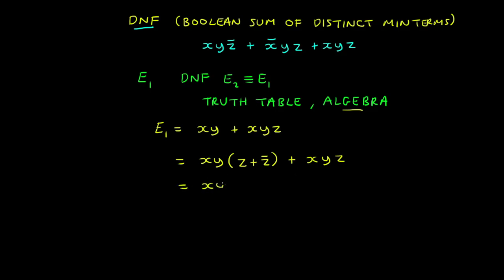So we have x and y and z, or x and y and the complement of z, or x and y and z. And we can use a commutative property. So we can write x and y and the complement of z, or x and y and z, or x and y and z.